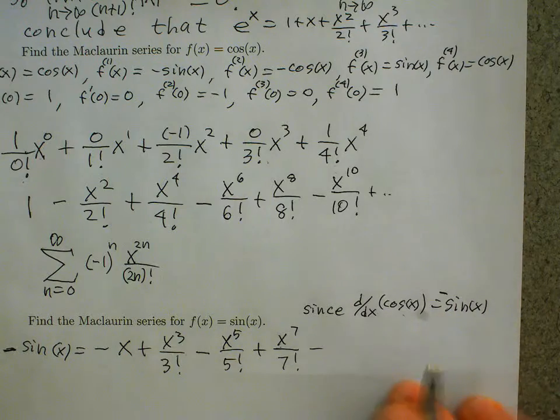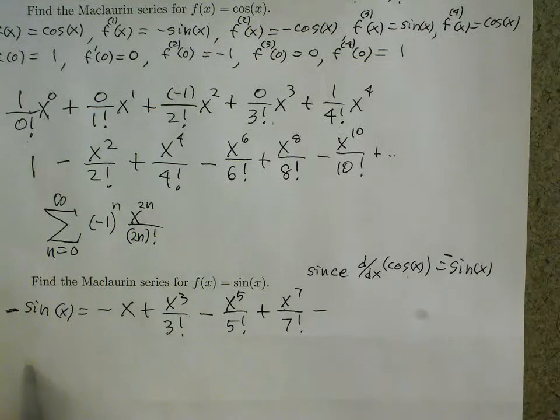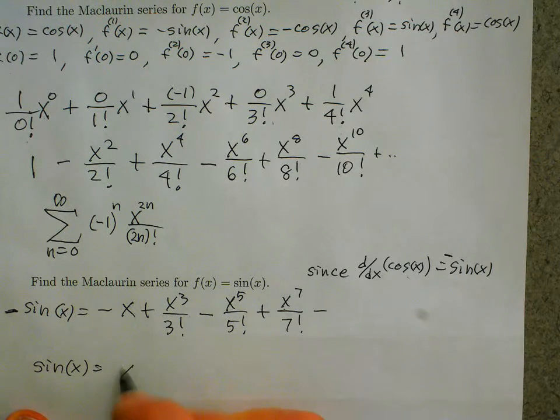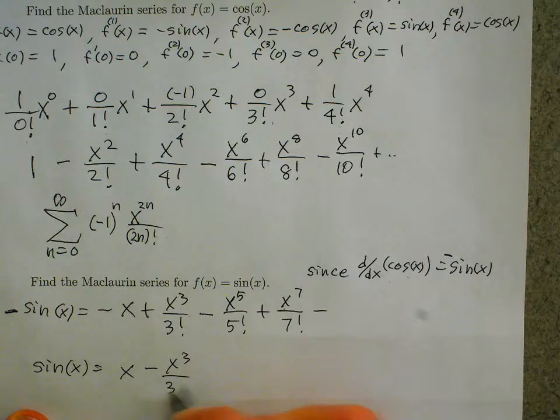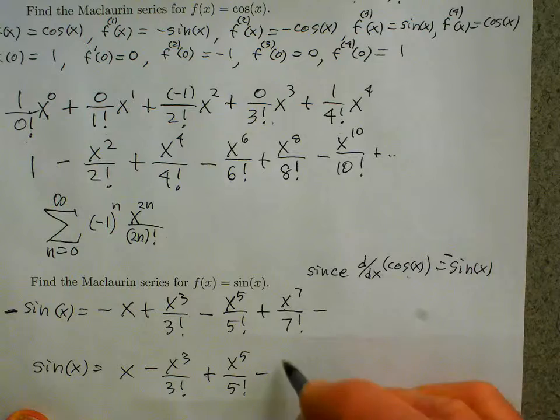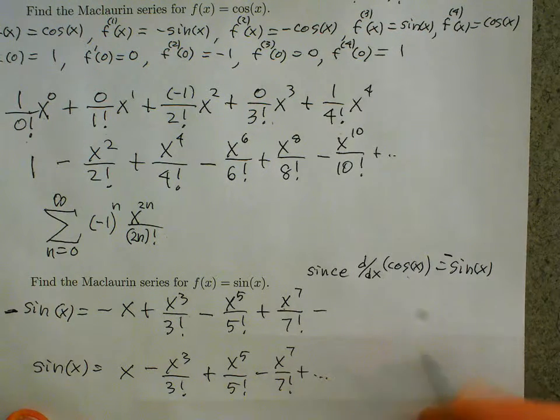And so on. But for sine of x, we multiply everything on both sides by -1. So the Maclaurin series for sine of x is x minus x to the 3rd over 3 factorial plus x to the 5th over 5 factorial minus x to the 7th over 7 factorial, and so on.